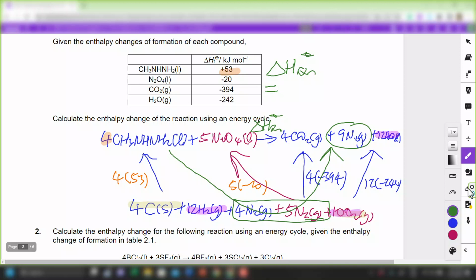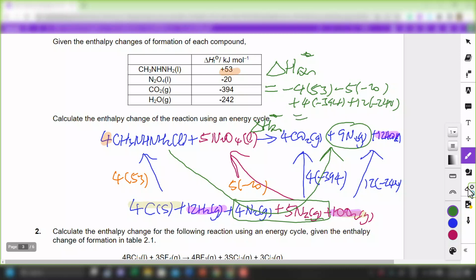So in this case it's minus 4 times 53, and then minus 5 times minus 20, and then I'm going to add 4 times minus 394, and then 12 times minus 242.